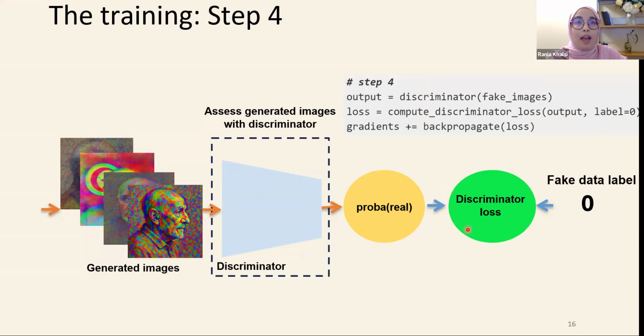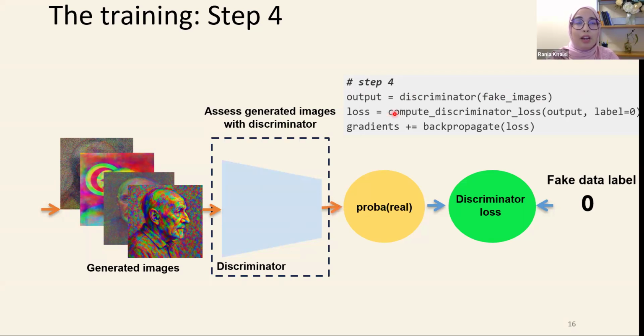And in terms of code, how do we write this? The output is equal to calling the function discriminator, and we give the discriminator as input the generated images, which we call fake images. Then it gives us the output. This output is mainly useful for computing the loss.